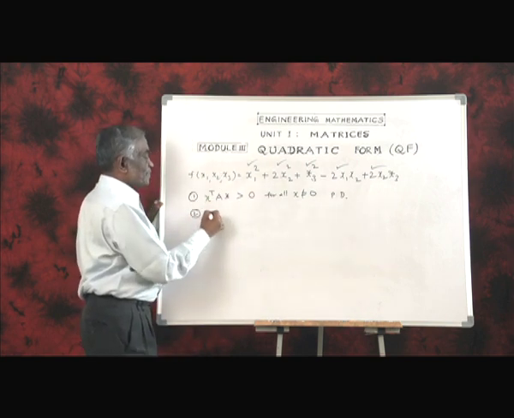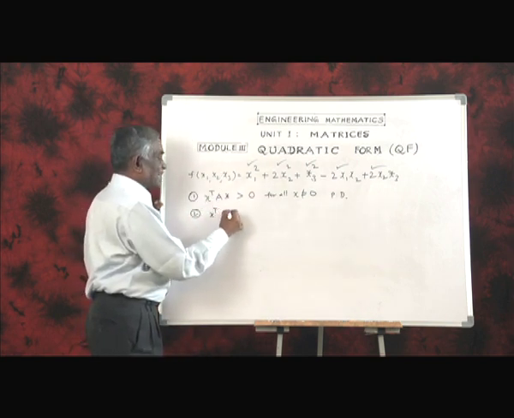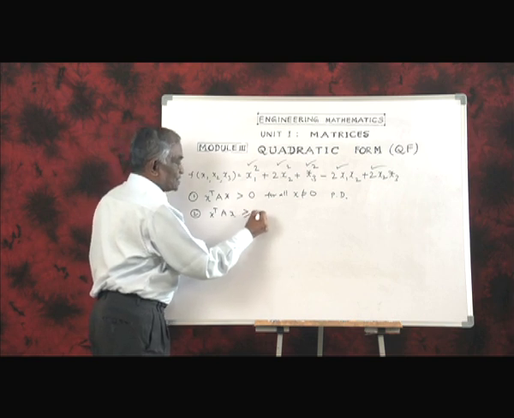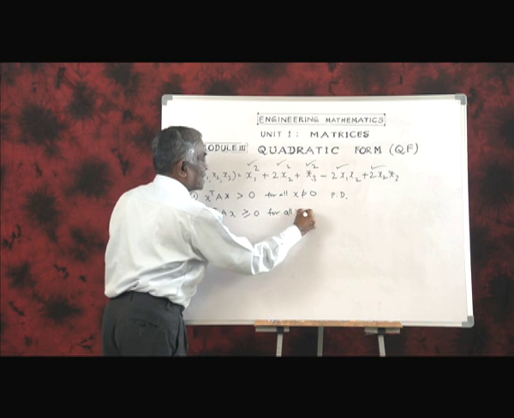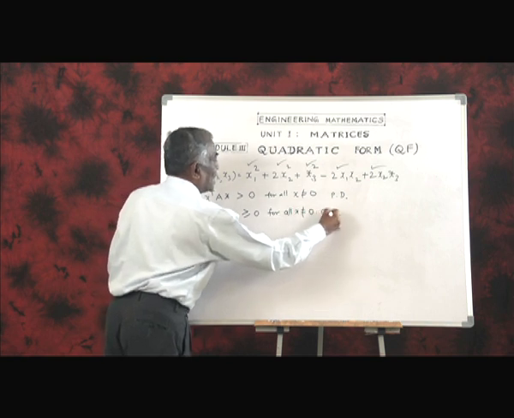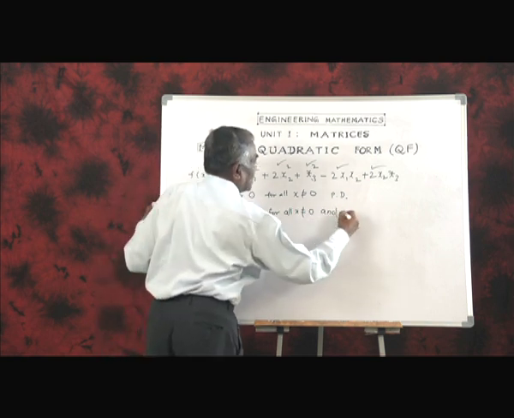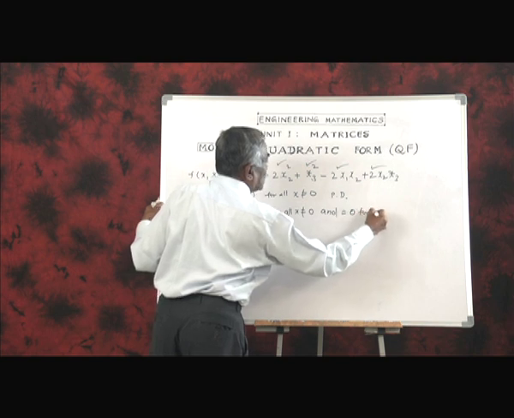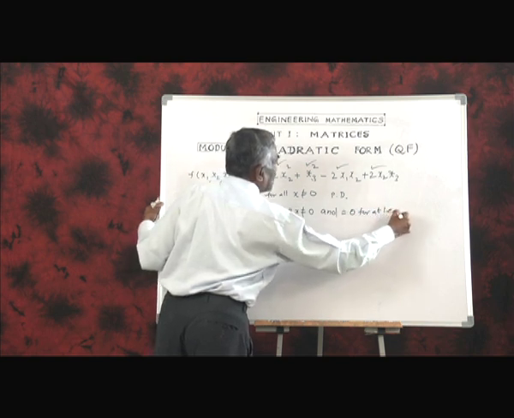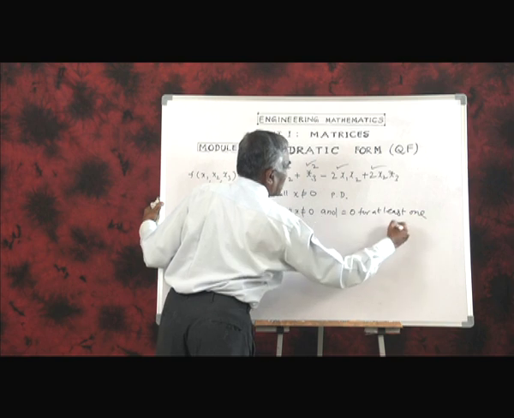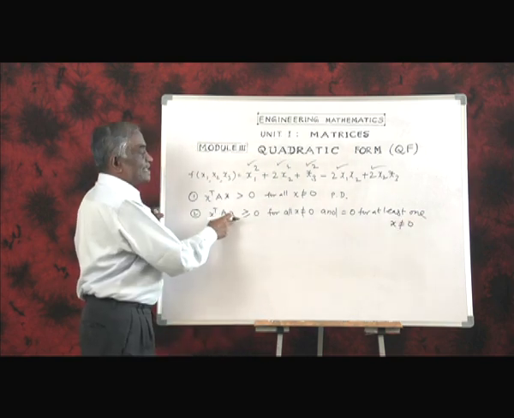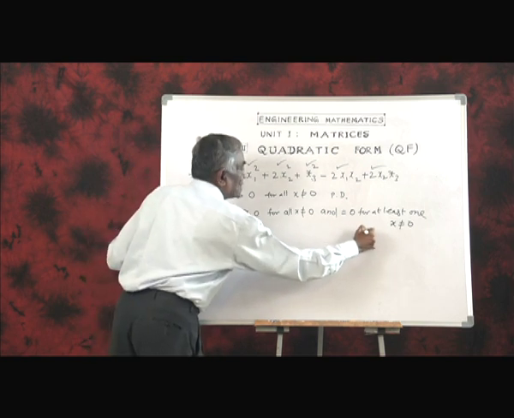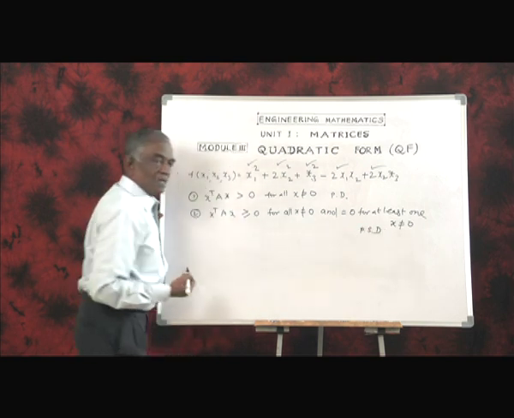Then number 2, if x transpose Ax is greater than or equal to 0 for all x not equal to 0 and it is 0 for at least one x vector which is of course not 0, then it is called positive semi-definite.